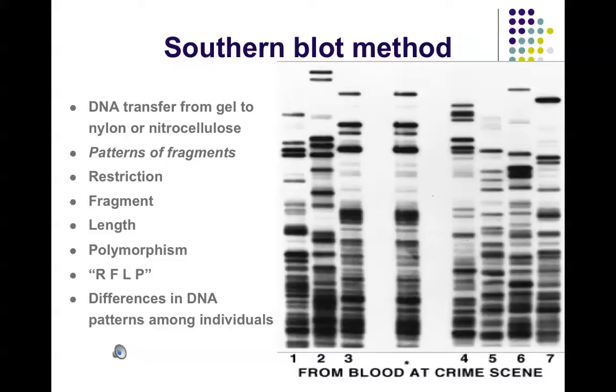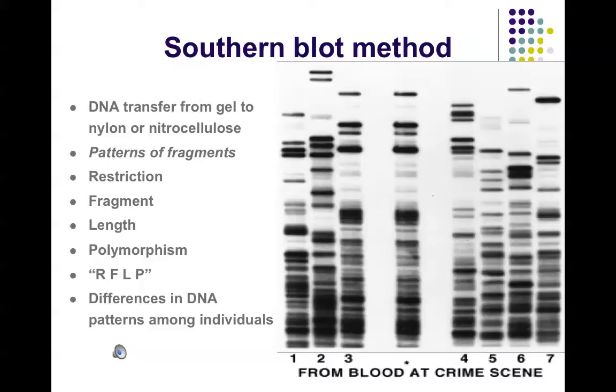Now, the pattern of fragments, that unique barcode that shows up, which is very unique to most individuals, is called a restriction fragment length polymorphism, meaning we have different sizes of fragments for each individual. Close relatives have similar, pretty closely matched patterns, but usually we think of our RFLP, or DNA fingerprint, as being fairly unique.